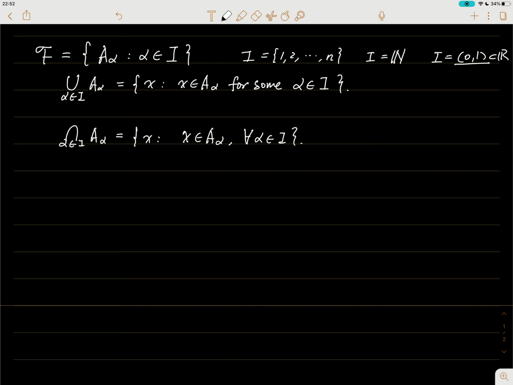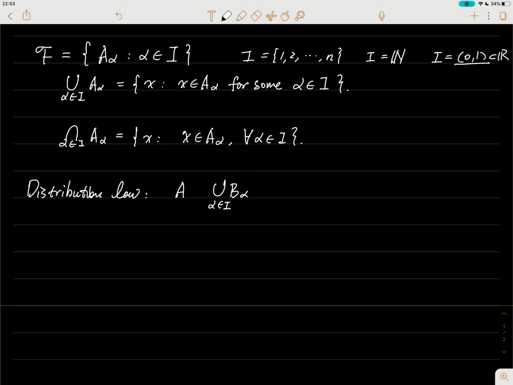An important property of these operations, the intersection and the union, is that you can apply the distribution law. What that means is, say you have a set A and a family of sets B alpha, and you take the union of those B alpha.